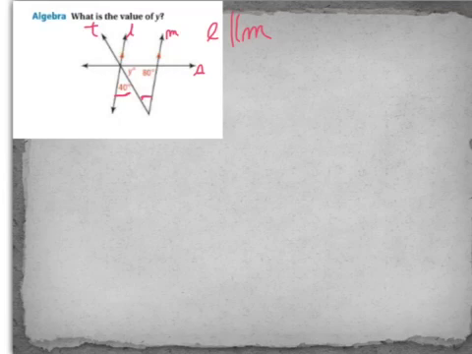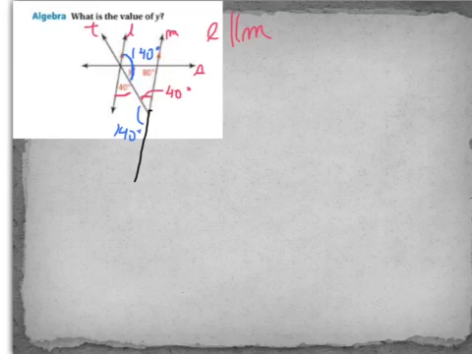And if we extended this line out this way, we could see that this angle and this angle, the whole angle, don't pay attention to S, the whole angle are congruent. Well, if this angle is 40 degrees, then this angle must be 140 degrees, which means that this whole angle must be 140 degrees.